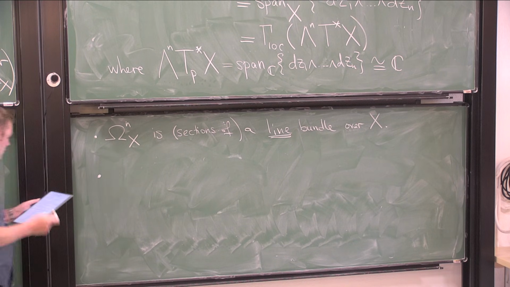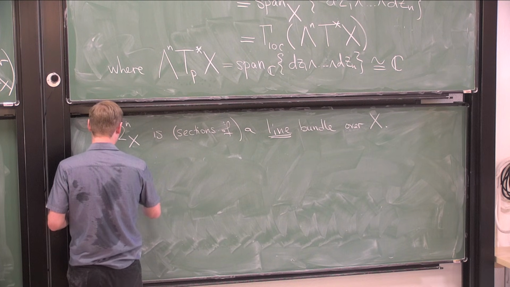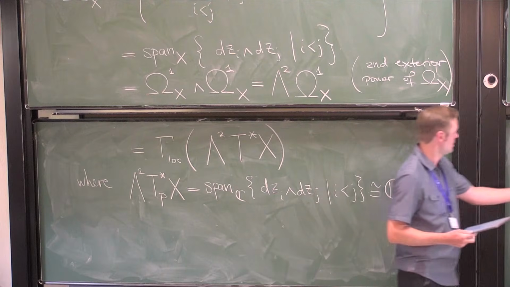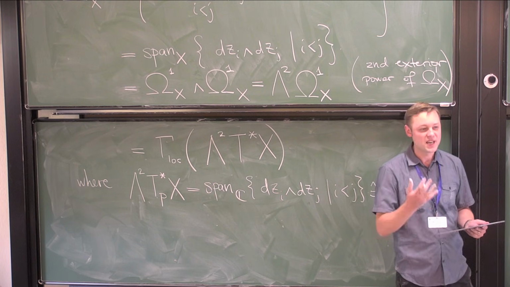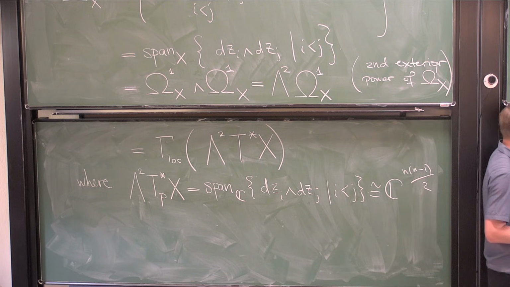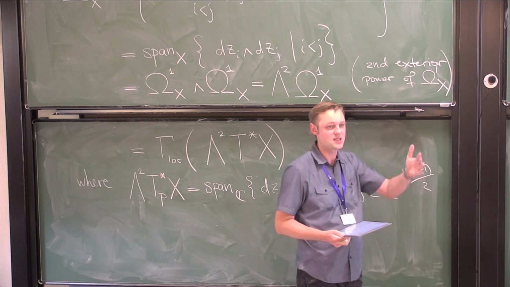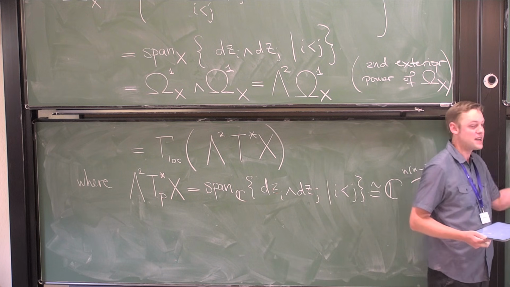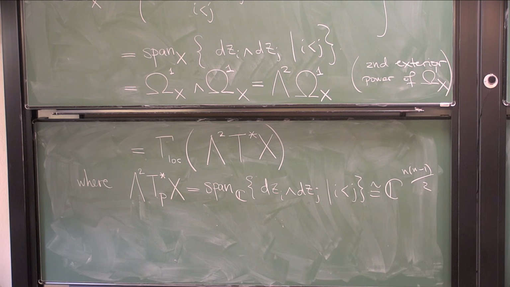Let me say a couple of other words about this. We often call Omega^n_X, this nth exterior power, the top exterior power of Omega^1_X. Why top? It's because this n is the same as the dimension of the manifold X. Remember, I started with X being C^n, so it's the same as the dimension of X. If I take any higher exterior power than n, then I ran out of vectors. I basically ran out of the wedge freedom.